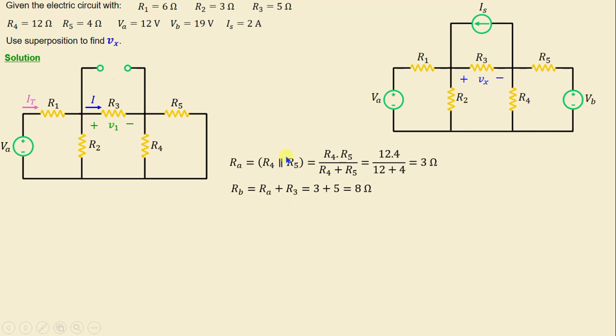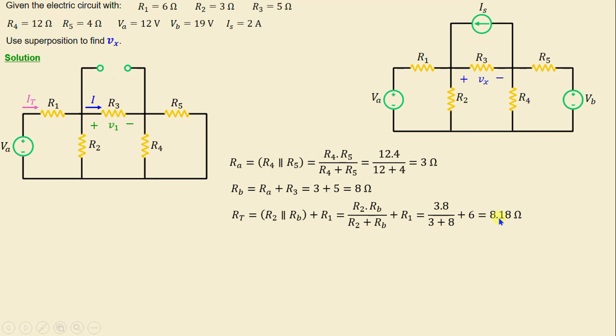And Rb is given by Ra plus R3. That means Rb is equal to 8 ohms. The total resistance of this circuit is given by R2 parallel to Rb in series with R1. That means Rt is equal to R2 times Rb over R2 plus Rb plus R1.